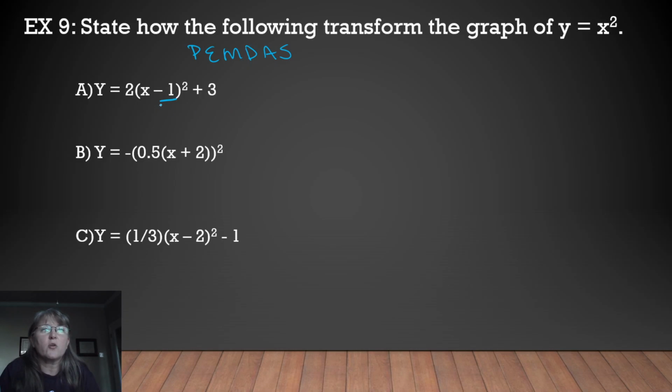So I'm going to start on the innermost piece. So that is going to move me to the right 1. Okay, and then I would square it. That's just giving me my basic function shape. And then I'm going to multiply by 2. So that's a vertical stretch by 2.